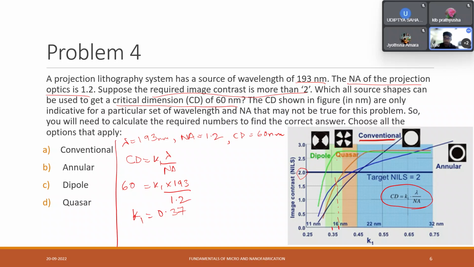Depending on the k1 value, we can see that dipole is the ideal source to use as a light source for getting such specified projection lithography. Okay, so should we go to the next one then? Okay, let's proceed then.